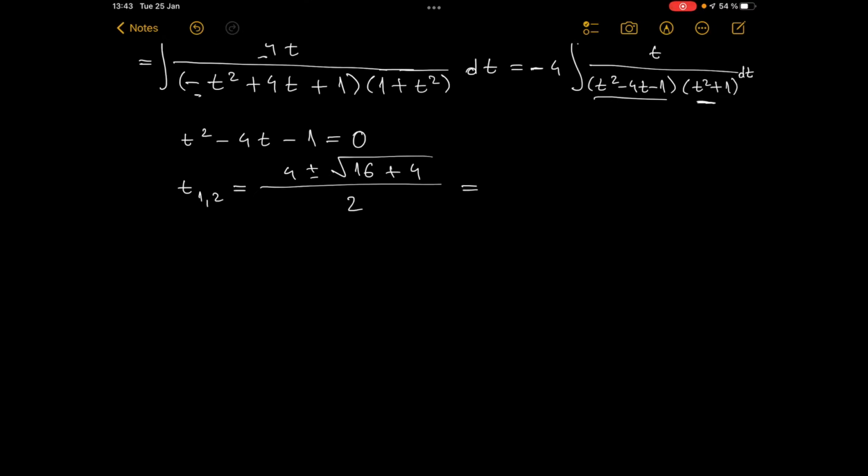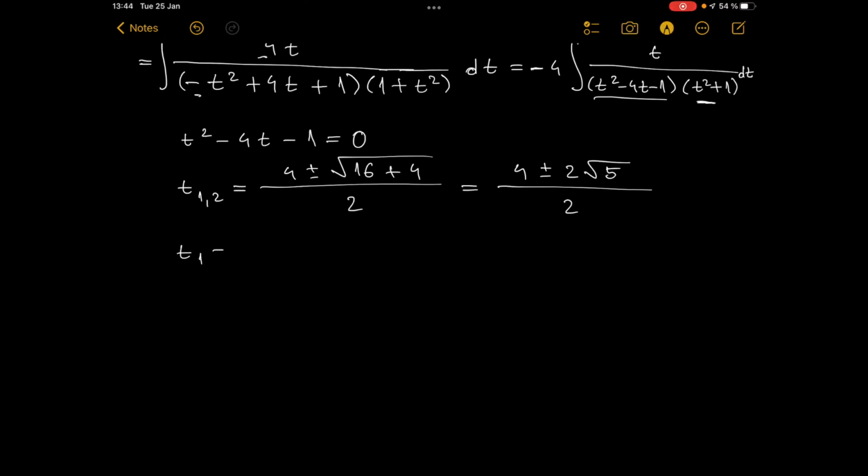So this is equal to 4 plus or minus the square root of 20, which can be rewritten as 2 times the square root of 5, over 2.